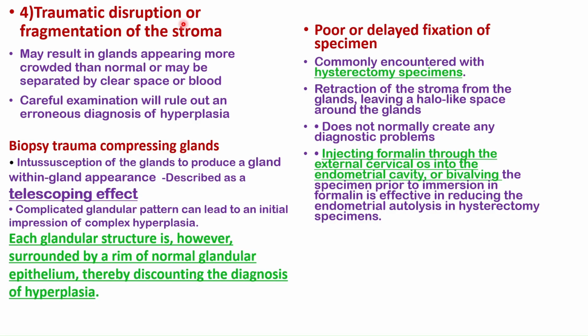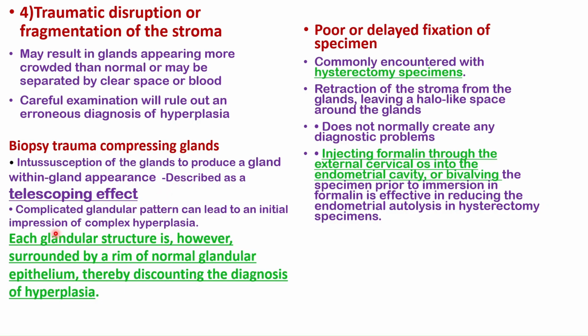Fourth is traumatic disruption or fragmentation of the stroma. This may result in glands appearing more crowded than normal or may be separated by clear space or blood. So careful examination will rule out an erroneous diagnosis of hyperplasia. Now, biopsy trauma compressing glands leads to telescoping effect, also called gland within gland appearance.